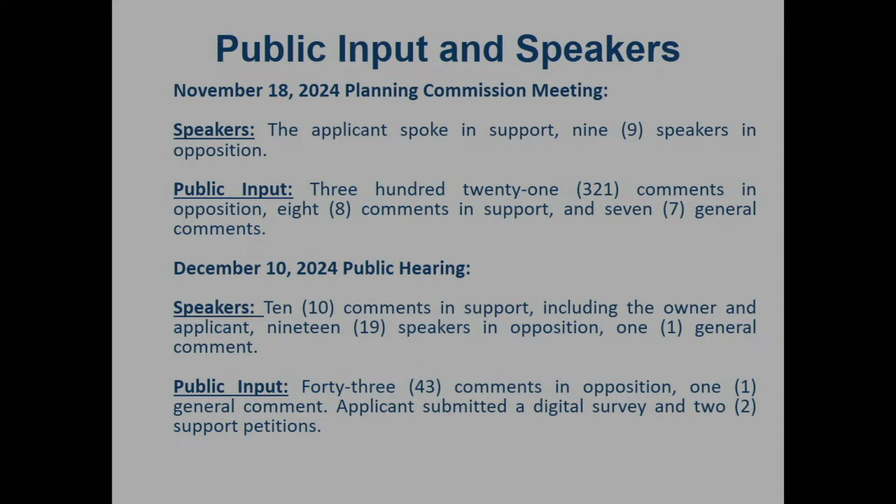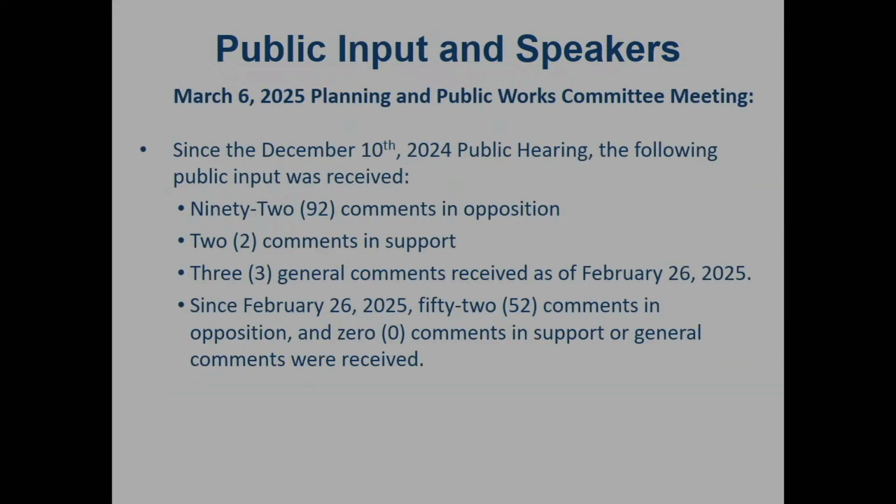Then, to go back to the updated information, this next slide shows what the update slide showed: between the public hearing on December 10th and today, we received 92 comments in opposition, 2 comments in support, and 3 general comments. And between February 26th and today, 52 comments in opposition, and 0 comments in support or general comments were received.